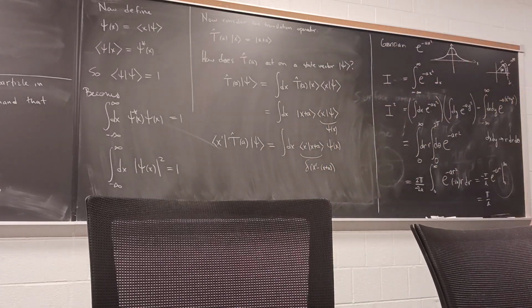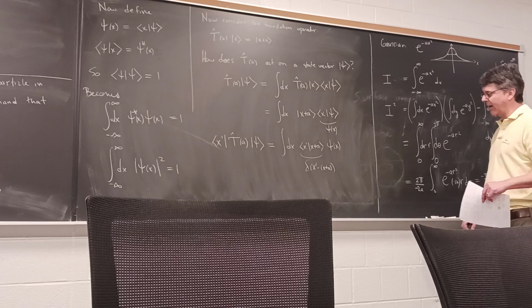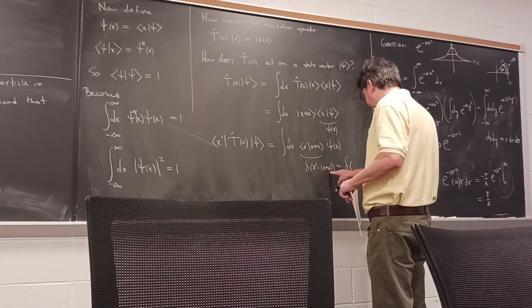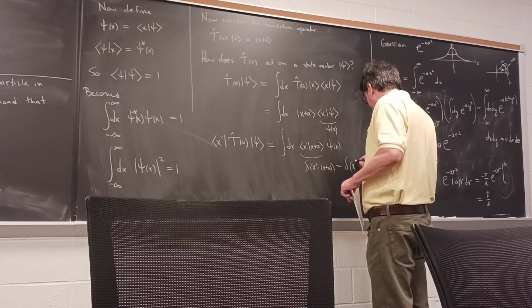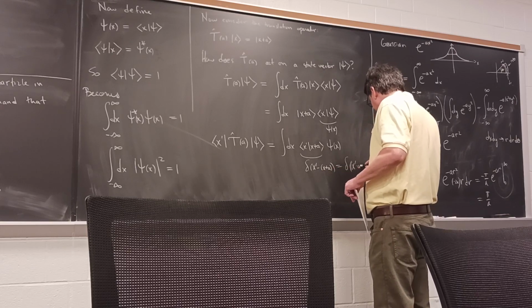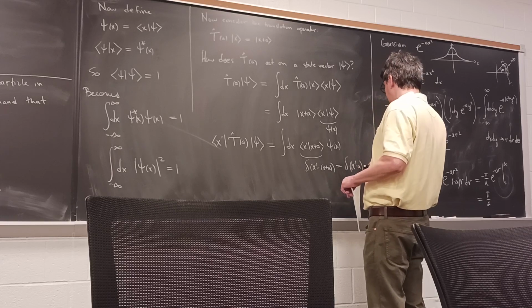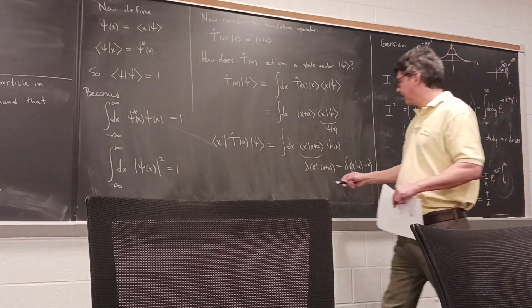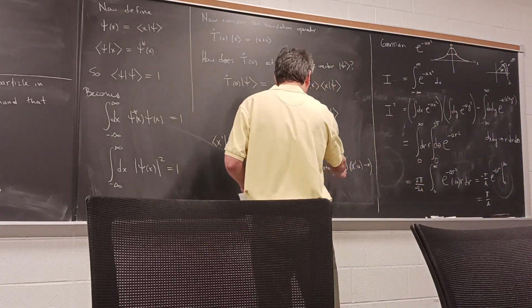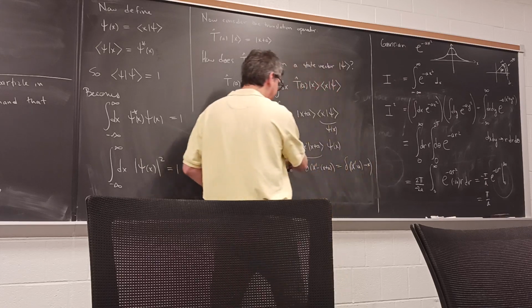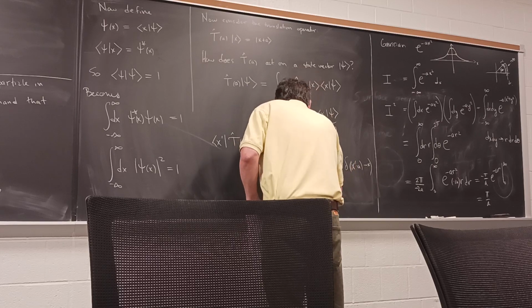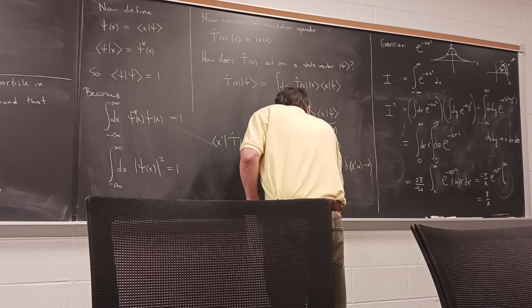Okay. But what's that? This is delta of x prime minus a minus x. I can just rewrite it like that. So when I integrate this over dx, this argument goes right into the psi argument. So this is psi of x prime minus a.